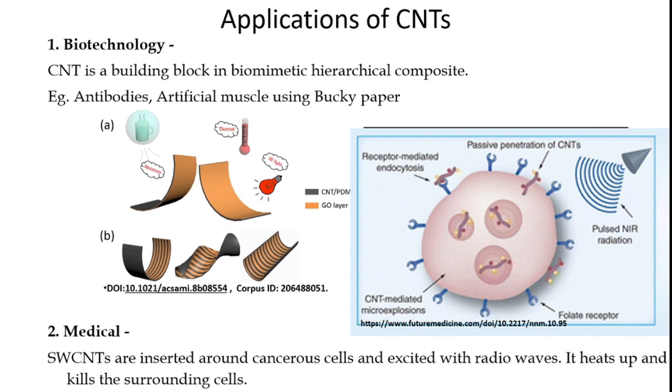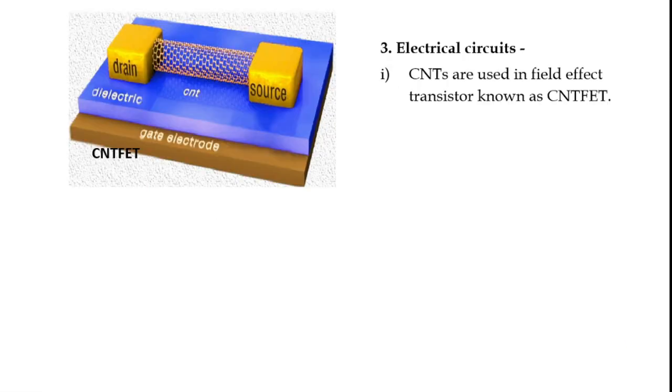Carbon nanotubes have various applications in electronics also. CNTs are used in field effect transistors, and such transistors are known as CNT FET, that is carbon nanotube field effect transistor.